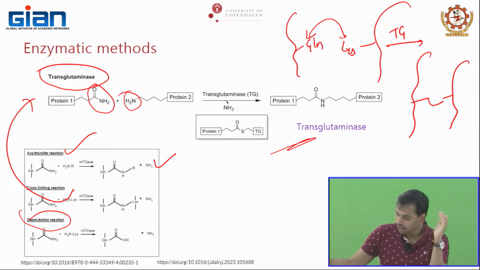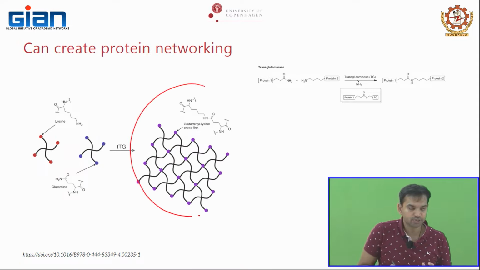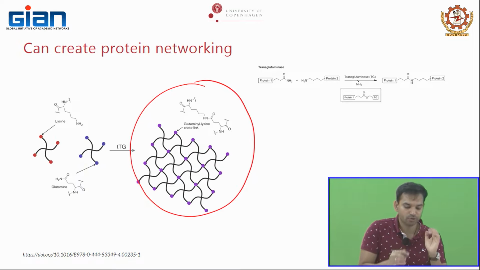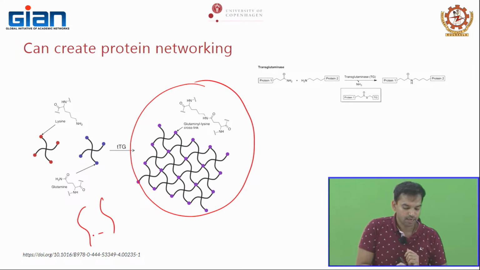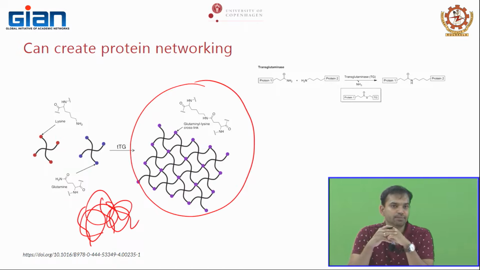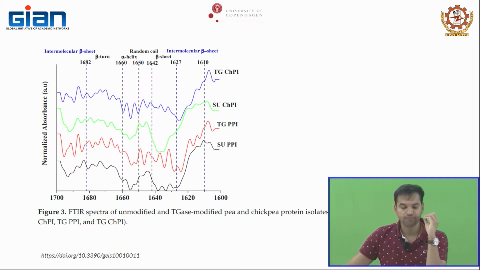When it does intermolecular cross-linking, you get a new structure. Multiple proteins that were individual now cross-link each other and you get a new structure. It is a very important reaction, it gives fantastic functional properties.